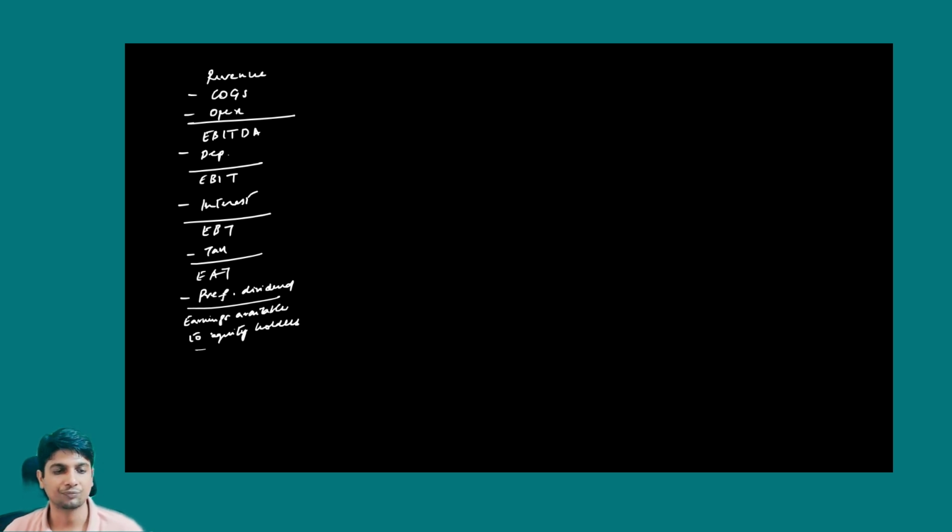Okay. Now, so this is the P&L. But what is this earnings available to equity shareholders? This is after interest. But we want to find out the cash flow. So we have to adjust certain non-cash items to this to arrive at the cash flow. Okay. If I want to find out cash flow to the firm, so firm level, I want to find out what is the cash flow. So I am least bothered about what is the capital structure, whether you have equity, debt, preference shares, whatever it is.